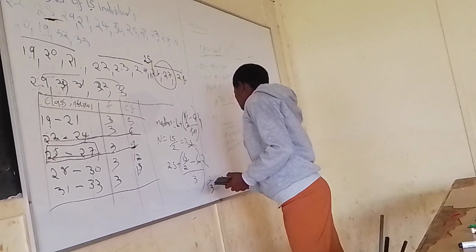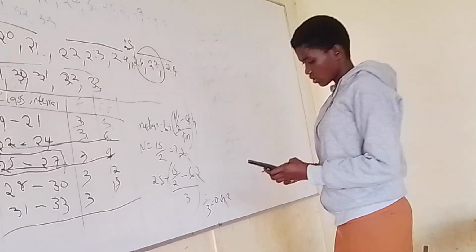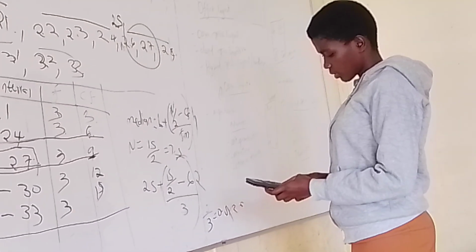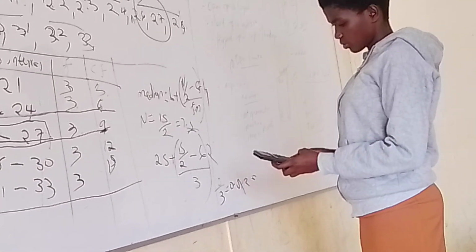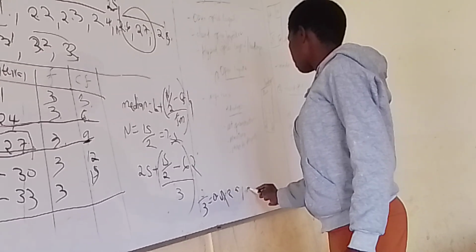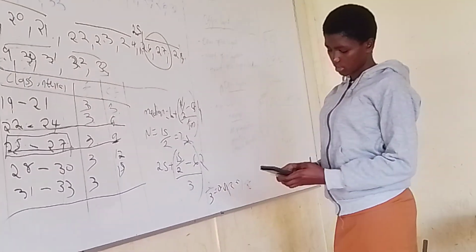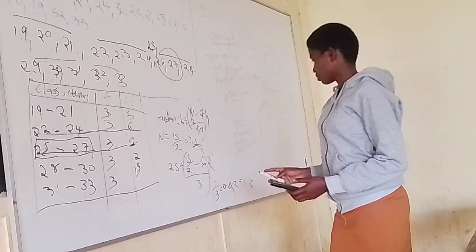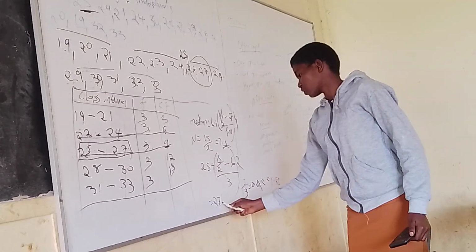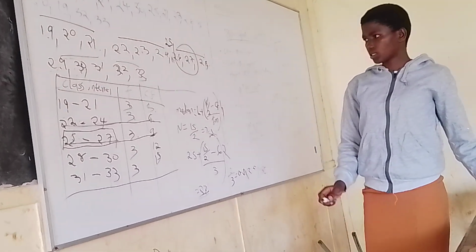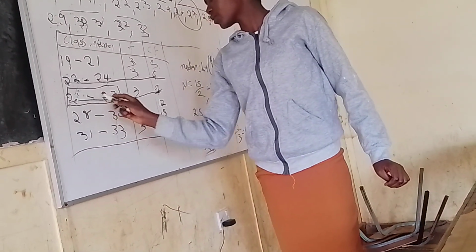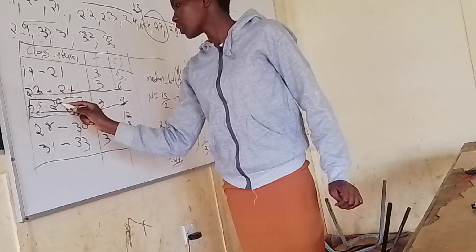When you times 2, you get 1. What's 0.5 times 2? 1. Then you add to 25, 26. So our median is 26. You see here, the interval is from 25 to 27 and our median is 26.